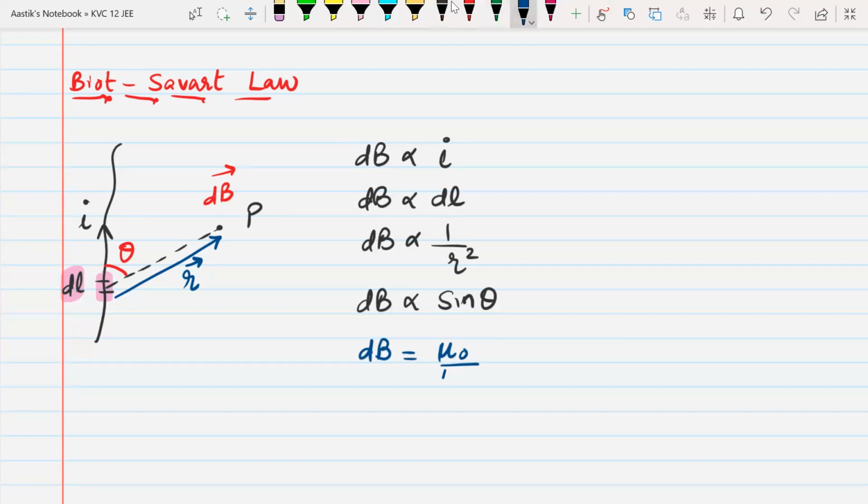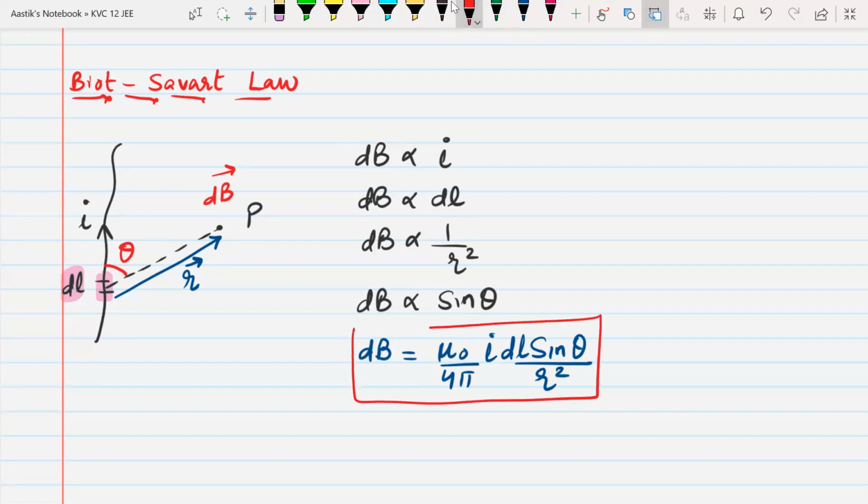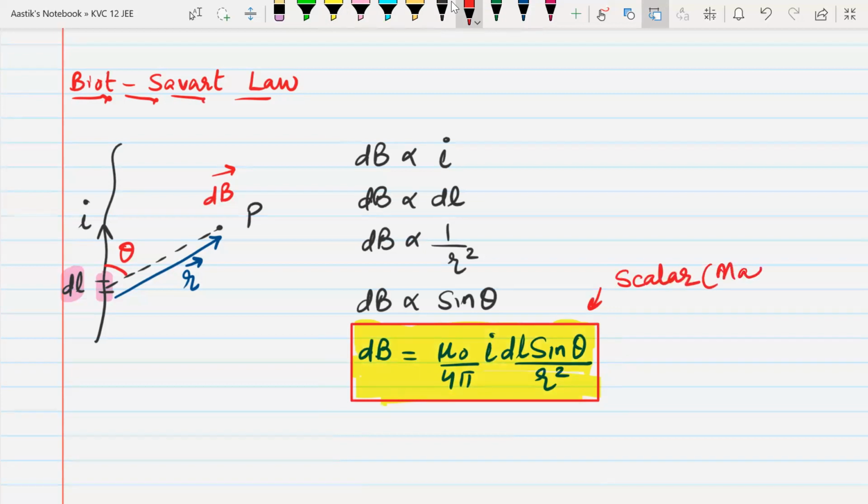It is given by mu naught by 4 pi, I dl sine theta by r square, and that becomes the most revolutionary formula which we will use for the coming 5, 10, 15 days, whatever are remaining. dB is mu naught I dl sine theta by 4 pi r square. Now remember, I call this the scalar formula of magnetic field because it only gives me the magnitude of the magnetic field. Do we understand this?